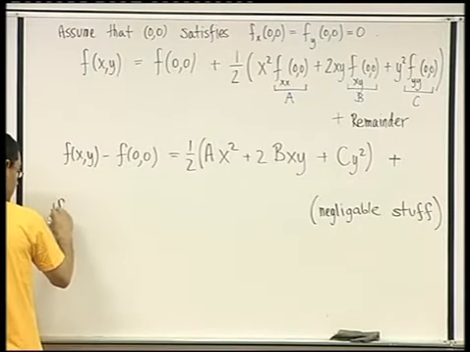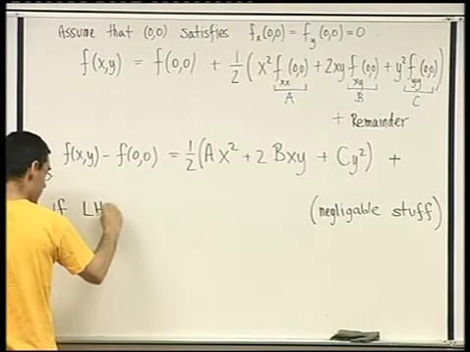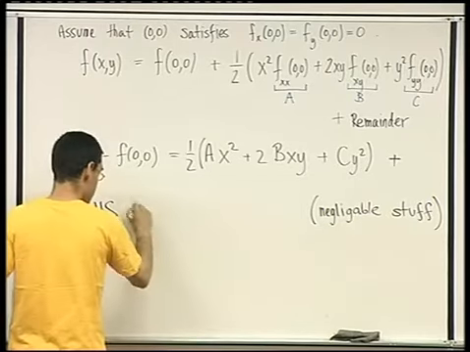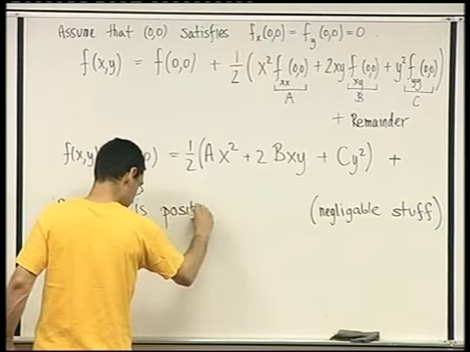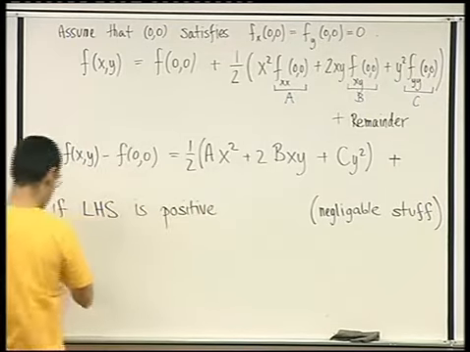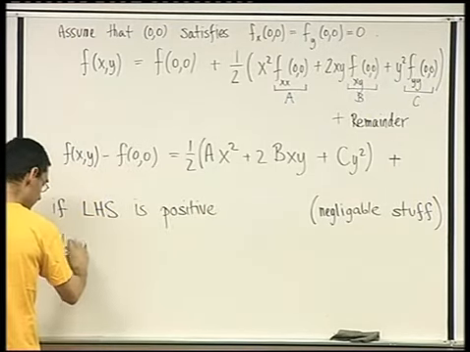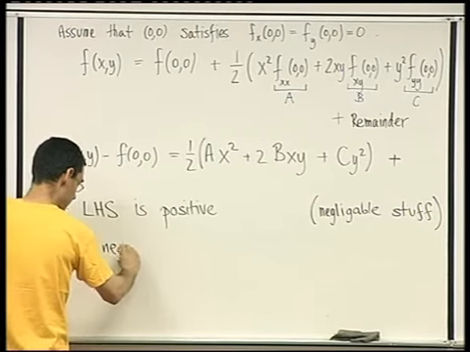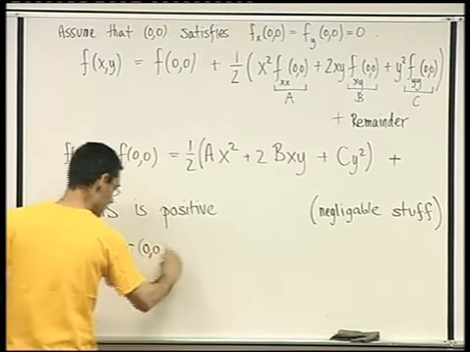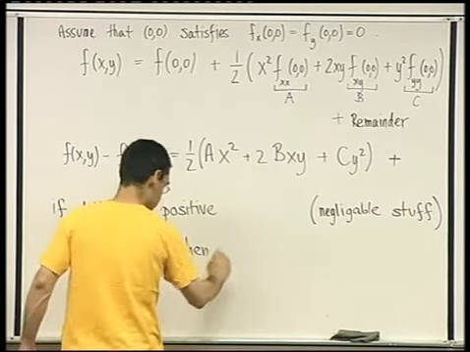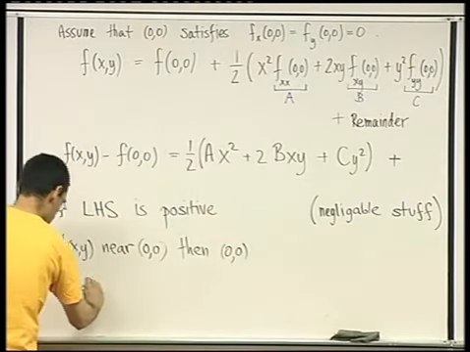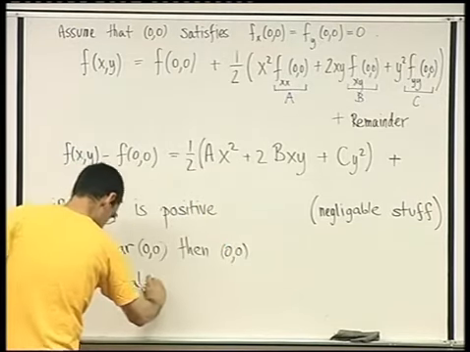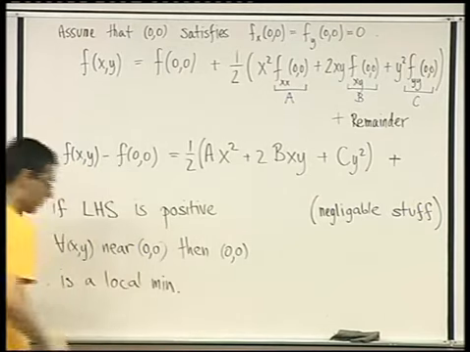So let's write that. If the left-hand side is positive for every (x,y) near (0,0), then (0,0) is a local minimum. Do you agree?